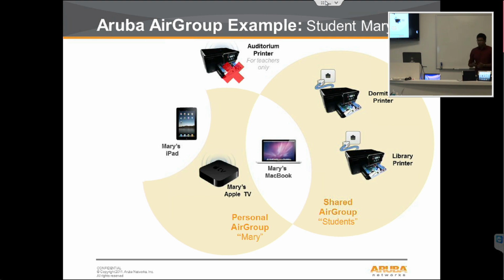And lastly, in case she decides she wants to share her resources, for example, the printer that's sitting in her dormitory room, with her friend who's next door, she should be able to specify that she wants to share this particular service with a buddy of hers. So these are the different aspects that ClearPass adds into the picture that we'll be talking about, and I'll be demoing to you in a few minutes.